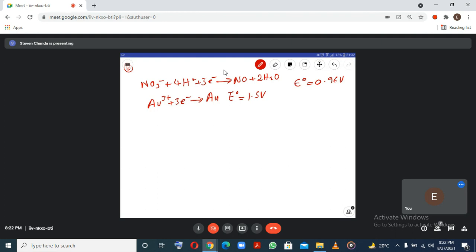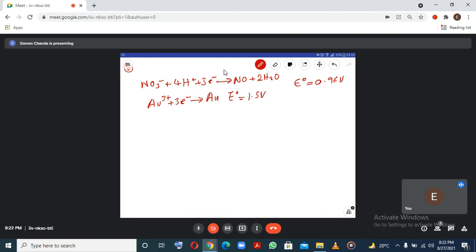Now, when you look at this interesting thing, under normal circumstances the gold would be the cathode, isn't it? Since the gold is the one having a higher reduction potential, right?